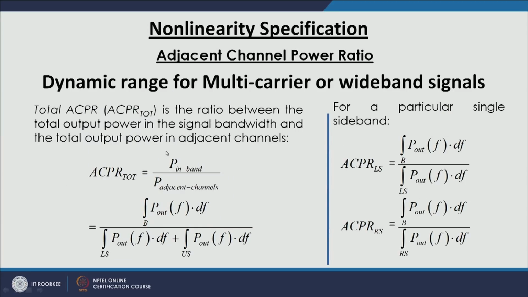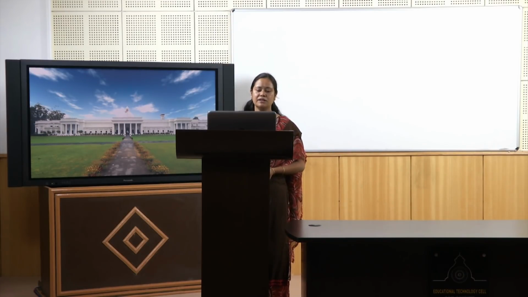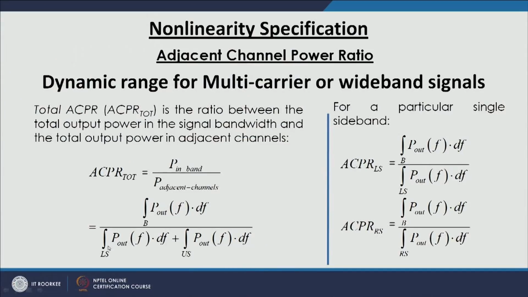Now when we are dealing with the dynamic range of the multi-carrier or wideband signals, you will see in the literature people talking about the total ACPR. When we are talking about total ACPR, then it includes both the adjacent channels, meaning you will have the lower side and the upper side.